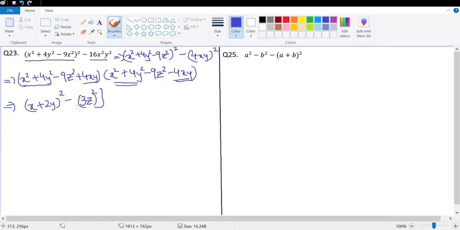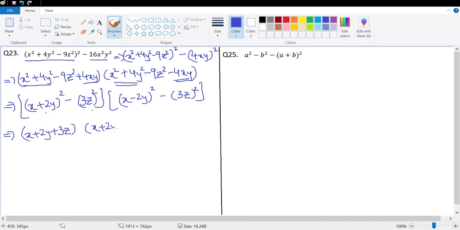So that's our first big bracket. And in this one, we have x minus 2y the whole square minus 3z the whole square. Now this is a square minus b square. This also is a square minus b square. So x plus 2y plus 3z multiplied with x plus 2y minus 3z.